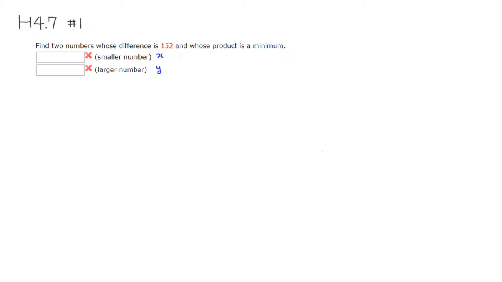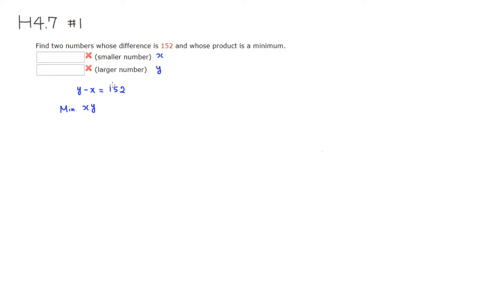The difference is 152, so we know that y minus x is equal to 152. Then we want to minimize the product, which is x times y.